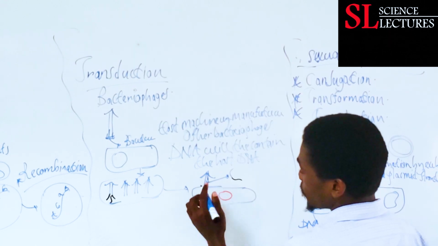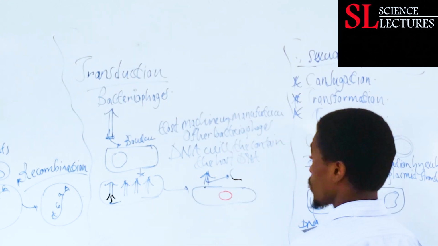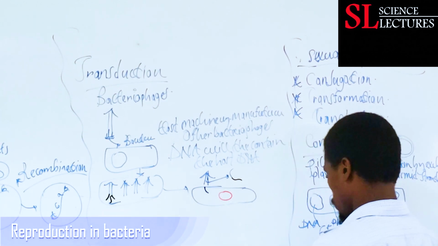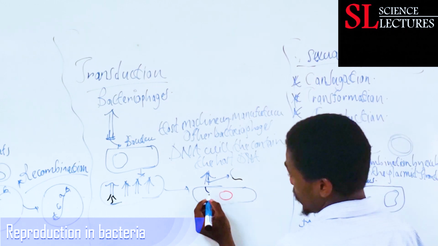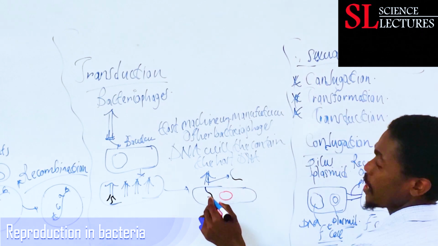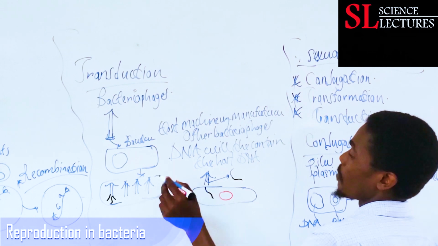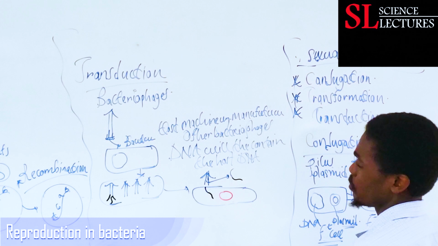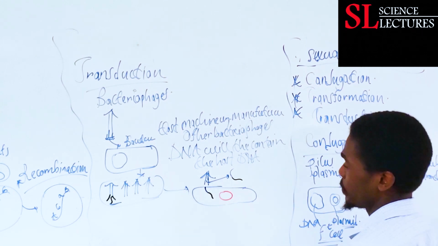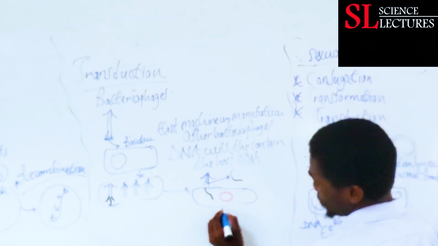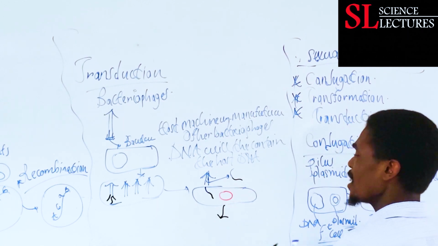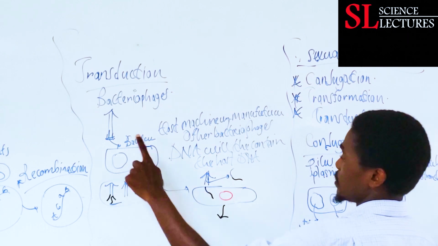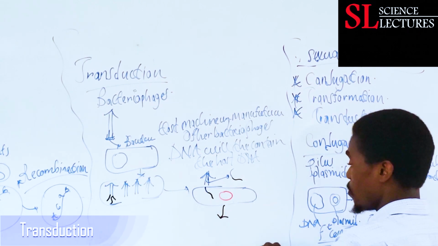When it is fixed into this bacterial cell, the new bacterial cell will have the blue and black. But remember, the blue comes from the bacterial cell we initially saw the bacteriophage infecting. So at the end of it all, the genome carried from the bacterial cell on this side is in the genome of our new cell.